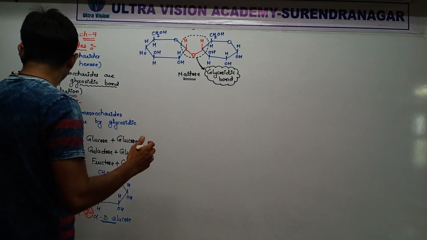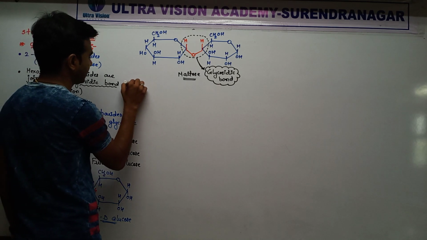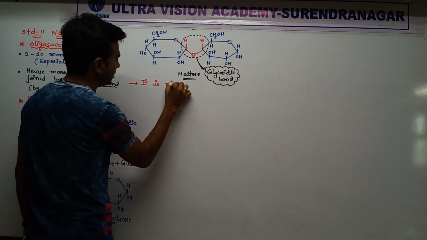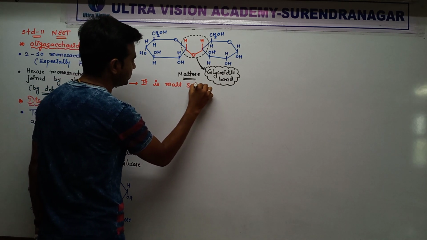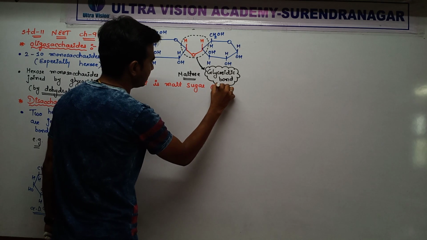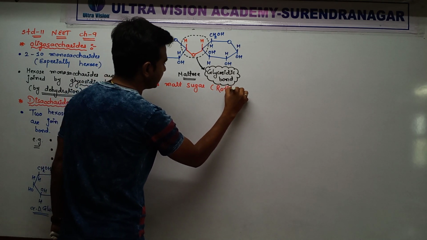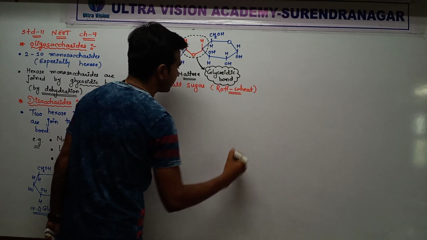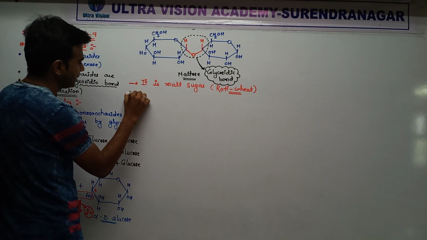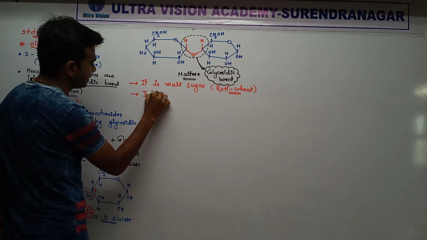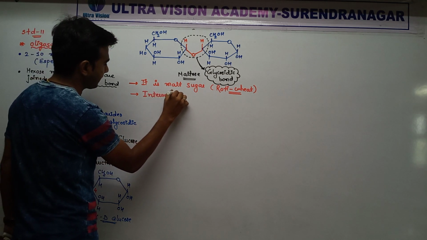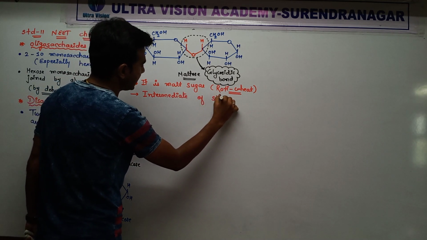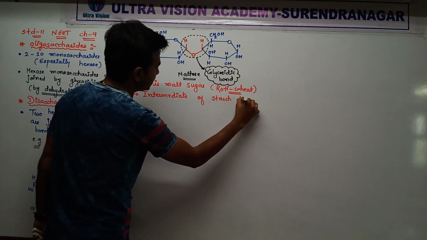Maltose, for that you remember, it is malt sugar. It is present in roti as well as in wheat, whatever you say. It is an intermediate of starch digestion.